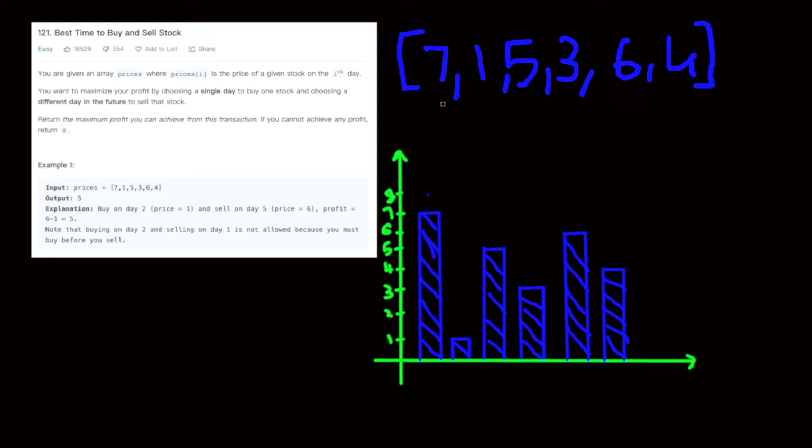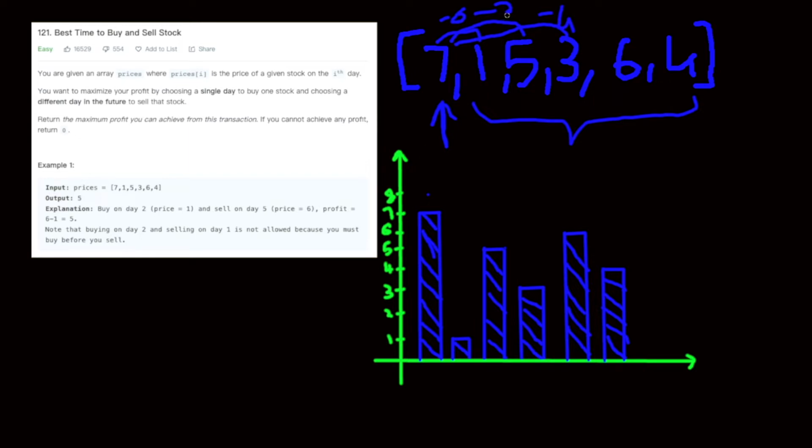If we were to approach this using brute force, you could iterate through the array, and for each value iterate through the rest of the array and check which value will give you the highest profit. So I could do 1 minus 7 gives me minus 6, not the highest. Then 5 minus 7, again minus 2, 3 minus 7 gives me minus 4.